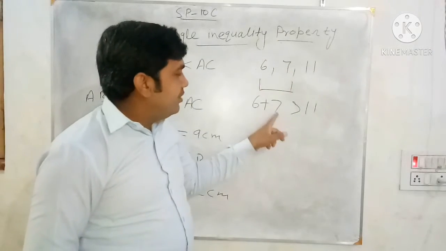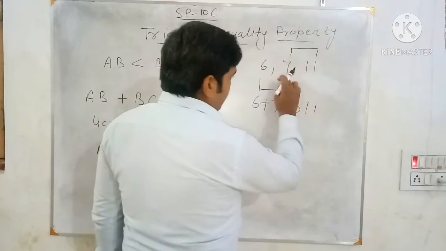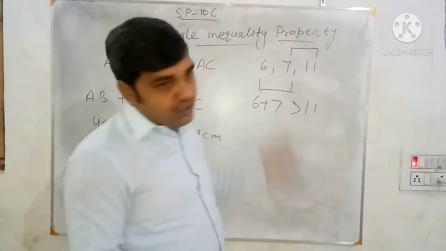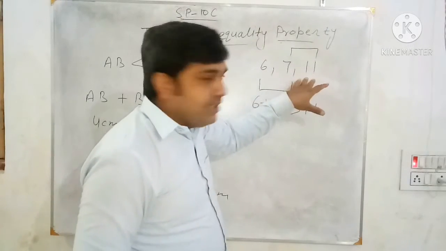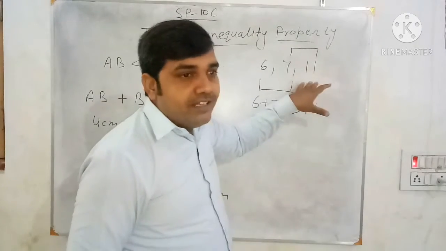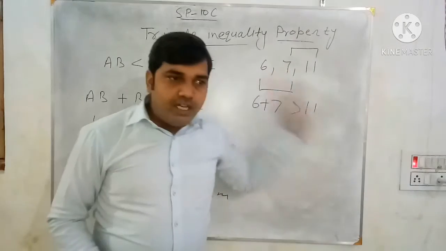If you take the sum of 7 plus 11, 18, and 18 is greater than 6, that is also true. So the given lengths can be the sides of the triangle.